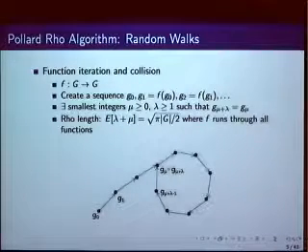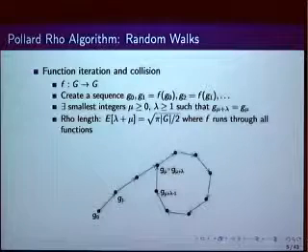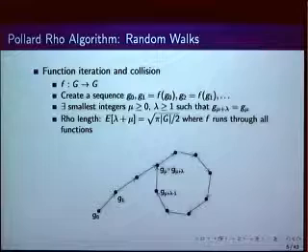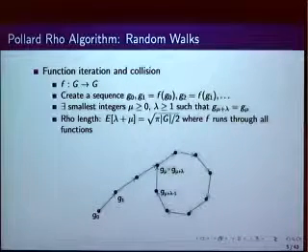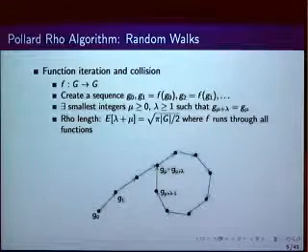Then there exist smallest integers mu and lambda such that g_{mu+lambda} = g_mu. That is, you start from g0 and take f, g1, g2, g3, g4, etc. Then finally, some g_mu is equal to g_{mu+lambda}. Then the rho length is the length of this one, so it's lambda plus mu.